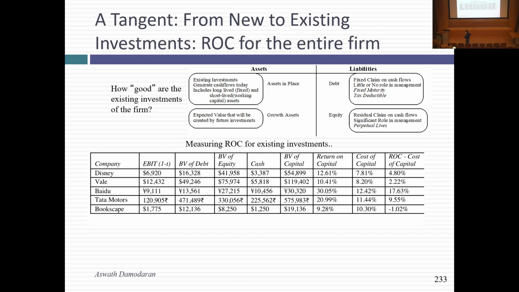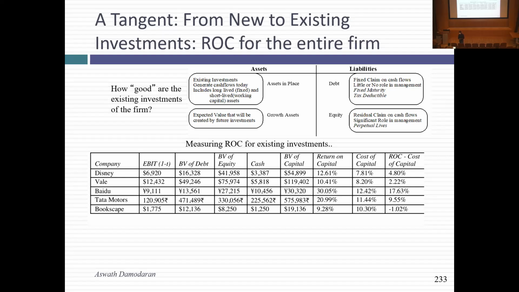If you remember, the cost of capital for the entire company across the business was 7.81%. I can compare the 12.61 to the 7.81%. And that difference is a measure of excess return, what you're earning over and above your cost of capital. And at least based on the numbers I have for Disney, it looks like they're earning 4.8% more than their cost of capital.